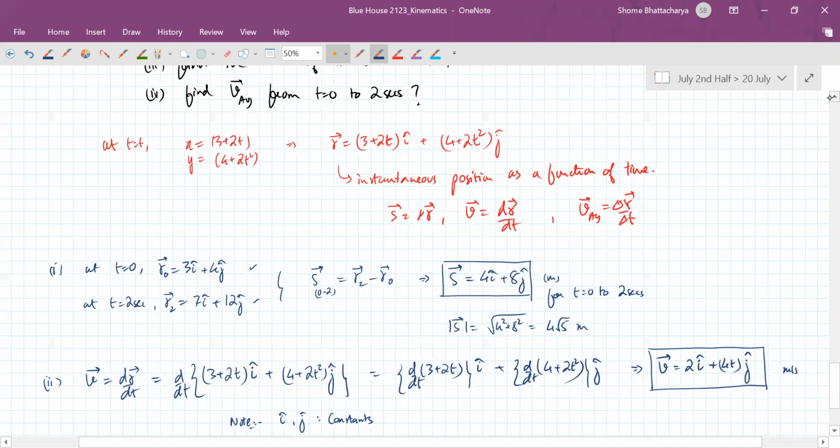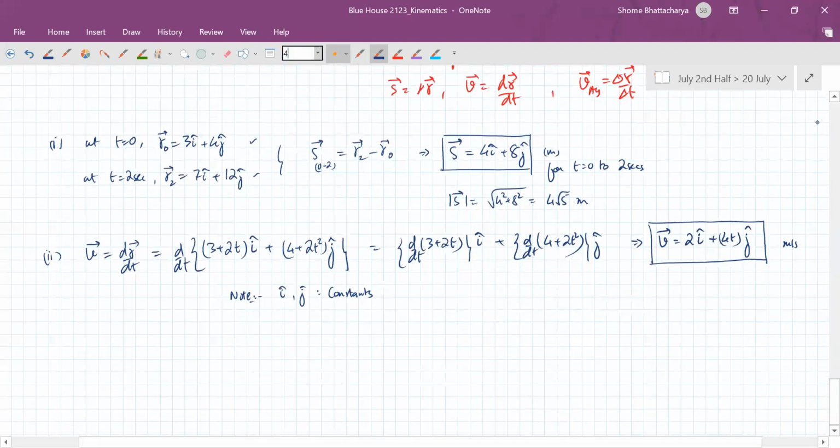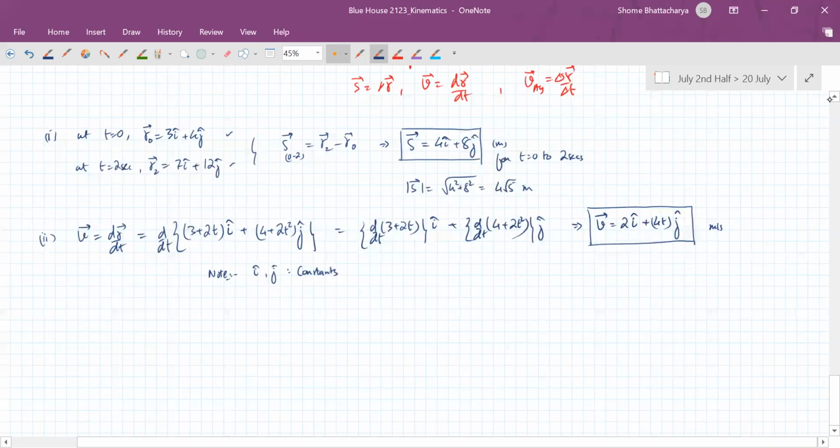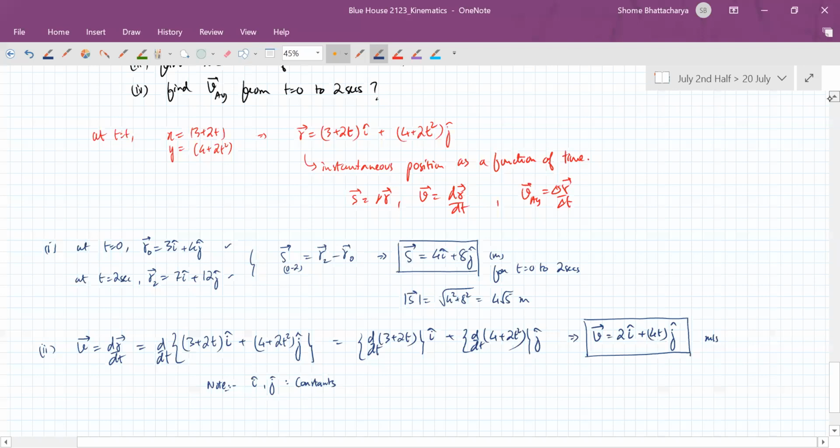Okay, so that brings us to the third part where we want to calculate the value of this velocity at a particular instant of time, or in this case, two particular instants of time. Initially at 0 and then again at 2 seconds.